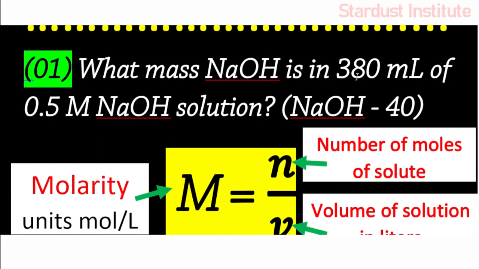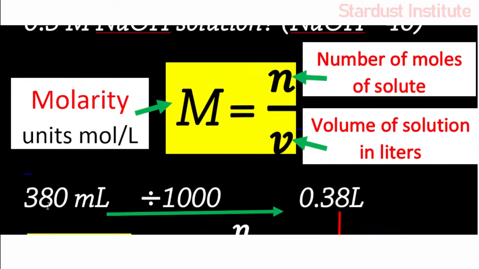Here we have been given 380 milliliters, but according to this formula we can't use milliliters. We have to convert 380 milliliters to liters. 380 milliliters divided by 1000 gives 0.38 liters.